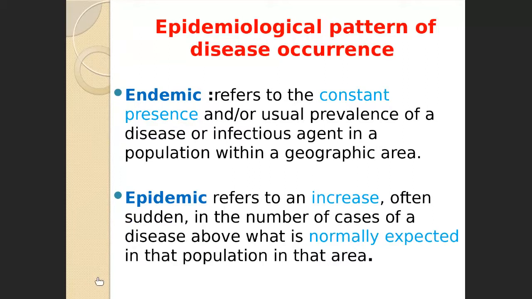Now is the epidemiological pattern of disease occurrence, okay? We have endemic, epidemic, pandemic, sporadic. The endemic refers to what? Refers to the constant presence, okay, of disease or infectious agent in a population.